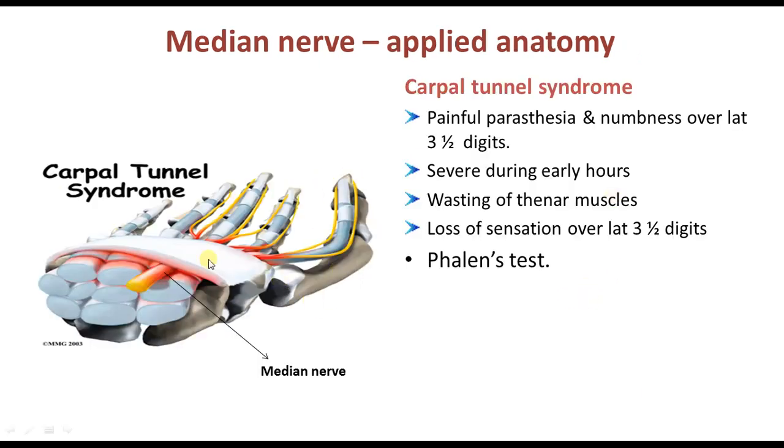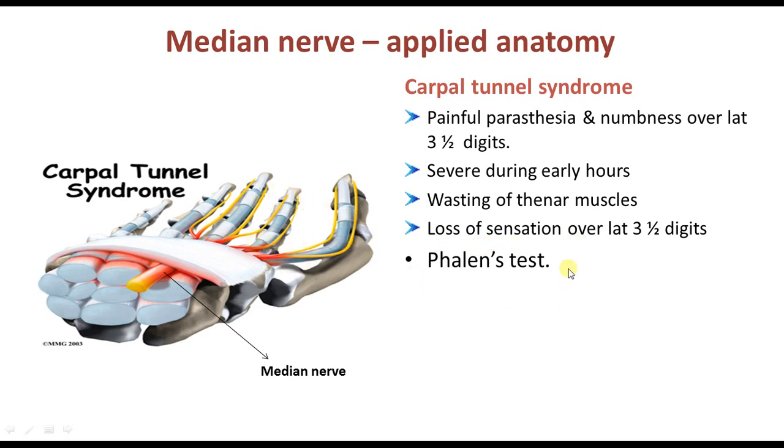In the carpal tunnel syndrome, there is paresthesia, altered sensations, pin pricking sensations, and numbness over the lateral 3.5 digits. It is mainly during the early hours. Okay, and there is wasting of the thenar muscles, as I already told you, and loss of sensation over the lateral 3.5 digits.